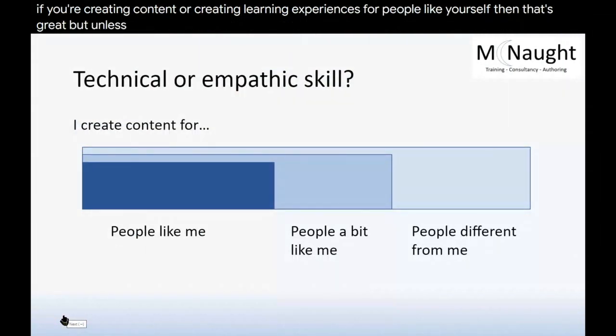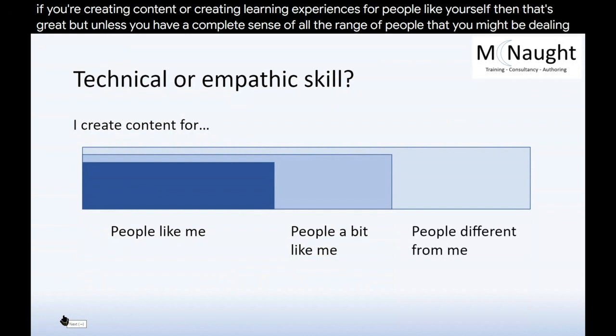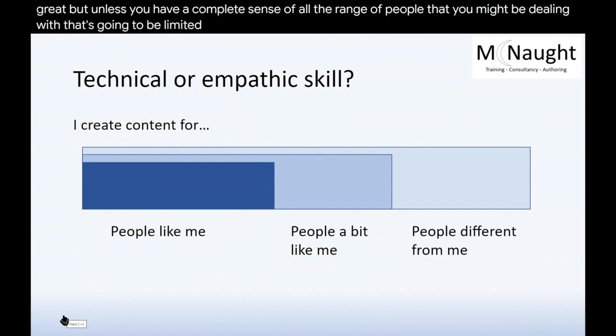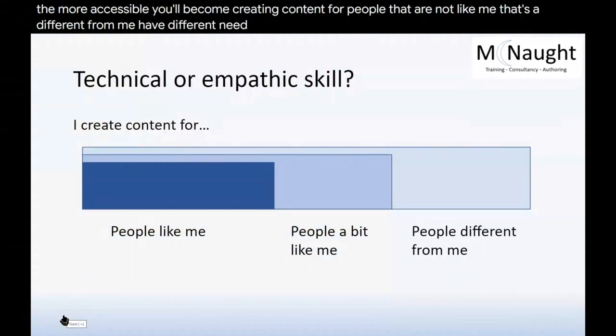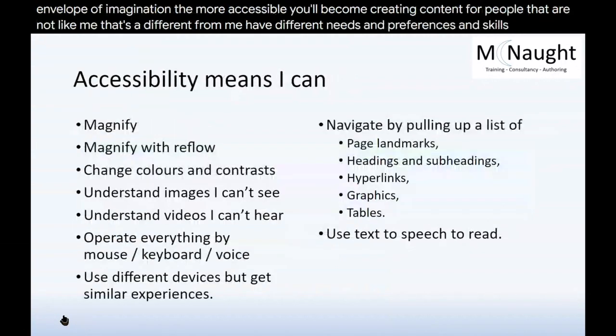But unless you have a complete sense of all the range of people that you might be dealing with, that's going to be limited. And basically, the more you expand that envelope of imagination, the more accessible you'll become, creating content for people that are not like me, that are different from me, have different needs and preferences and skills.